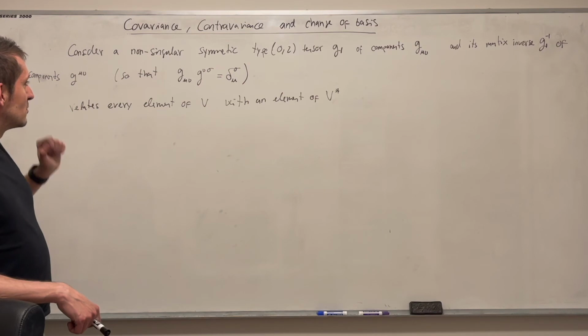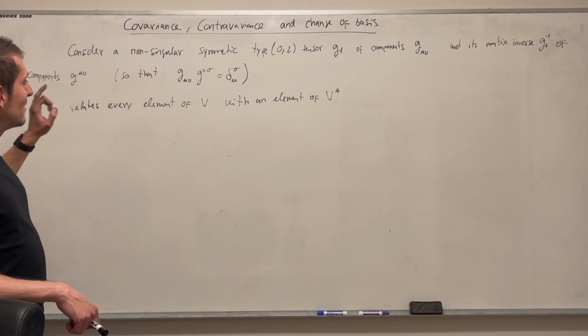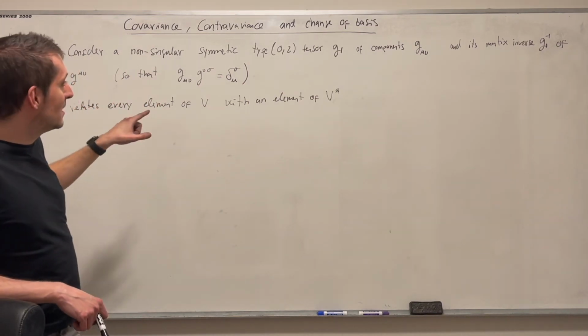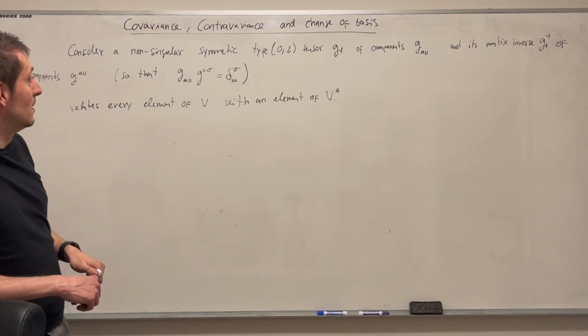So we can now use that tensor to relate every element of the vector space V with an element of its dual. How?